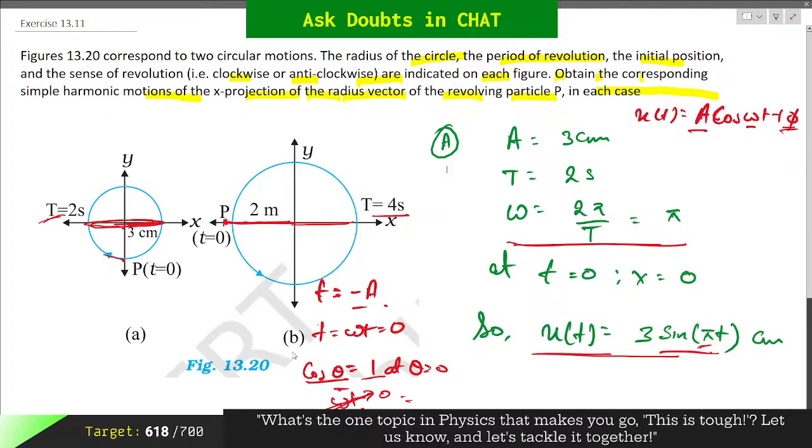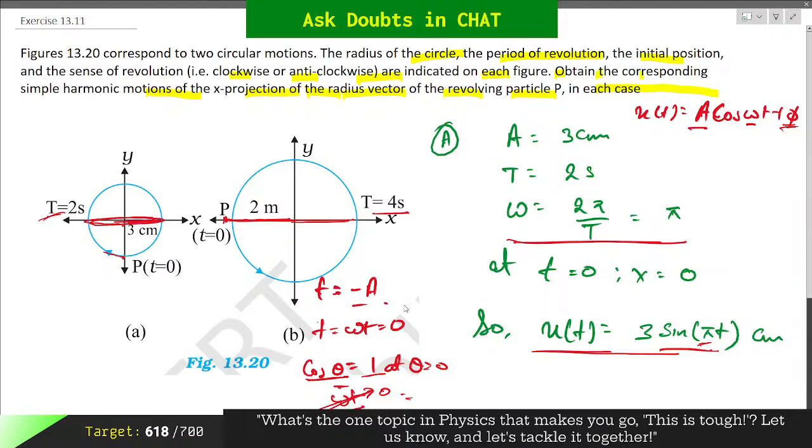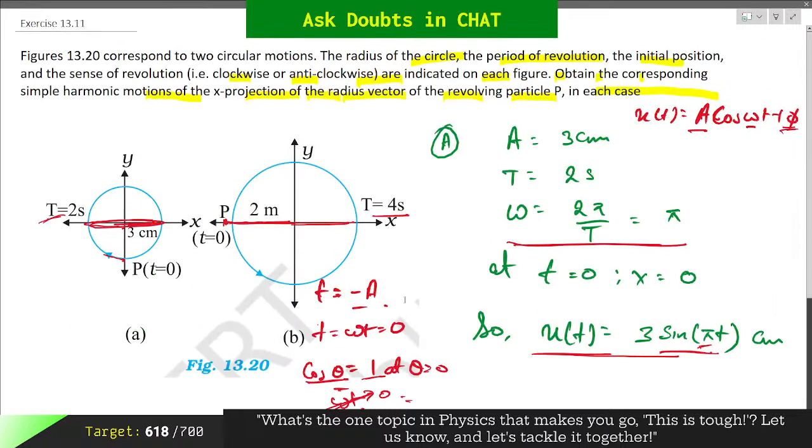So for figure A, since we have to write it as the x projection, we have been given the information. We can take it from the figure: a equals 3 centimeter, that is the maximum amplitude is 3 centimeter, and the time period of 2 seconds is given. Omega we can find from the time period, that is 2 pi by T, which equals pi.